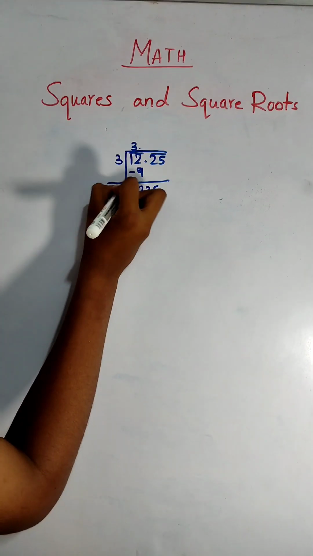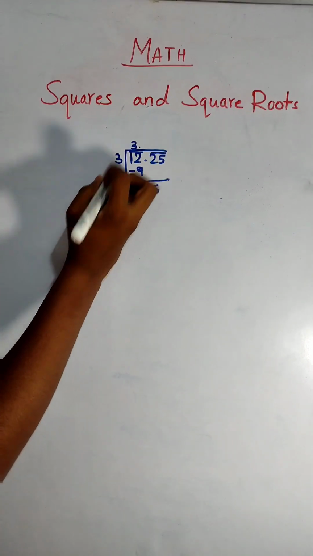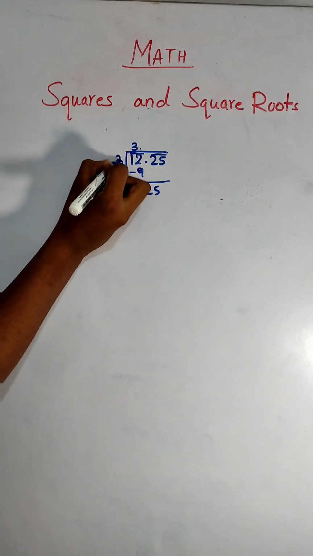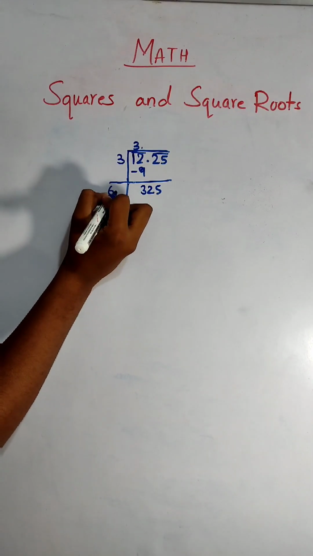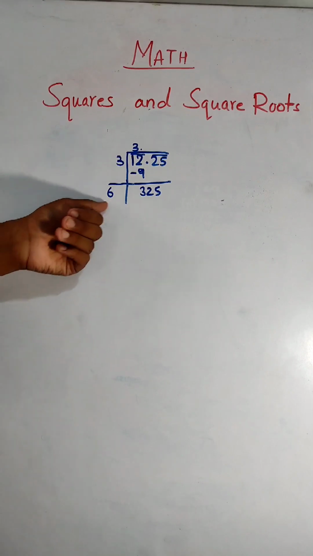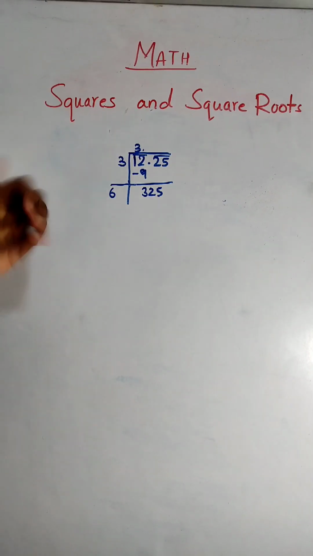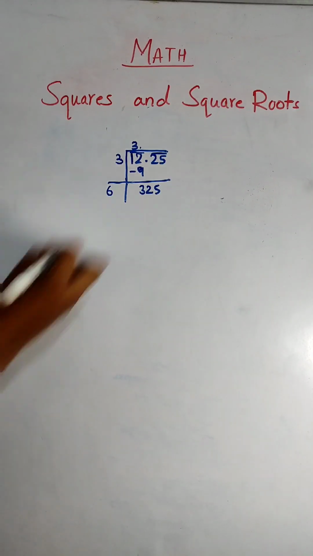Next, we continue this bar across on the other side and multiply this number by 2, or add it to itself. So we get 6. Make sure this is in the tens position and not in the ones position. In this case it's 6.